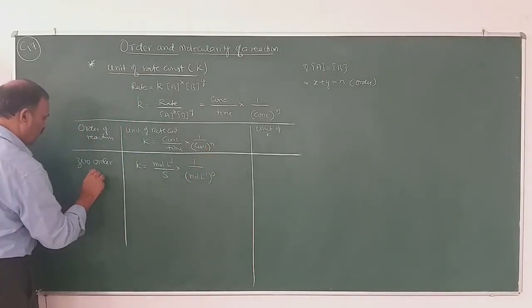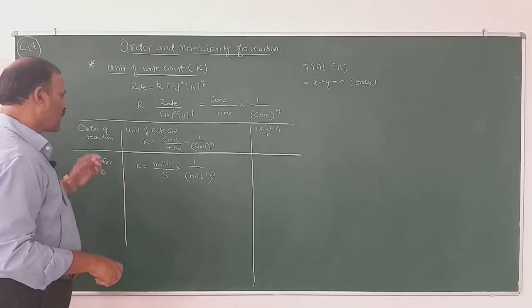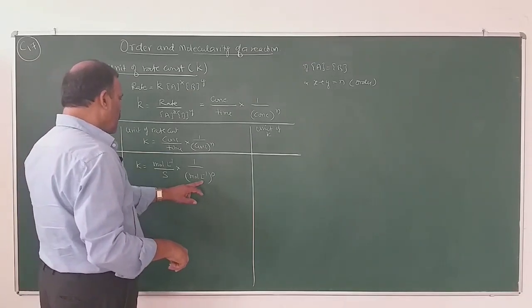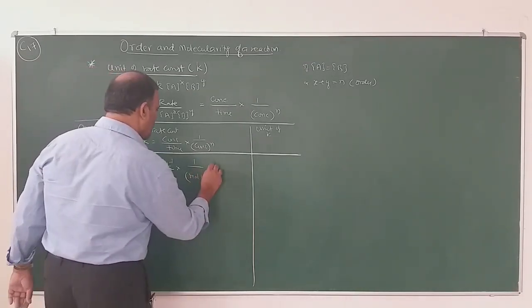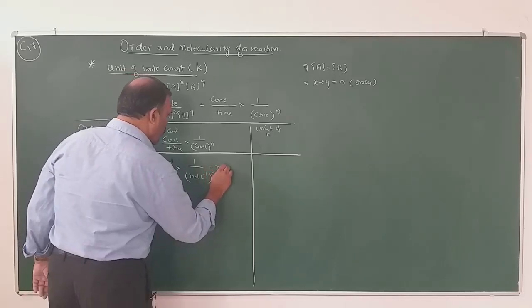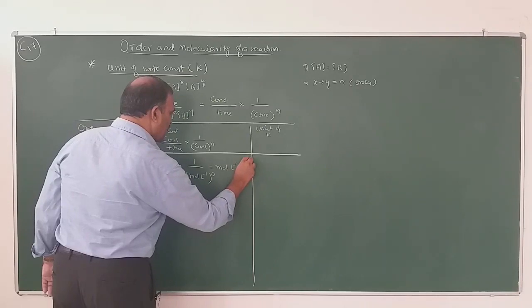Order of reaction n equals 0. So what happens? Mole liter minus 1 to the power of 0 is 1. So what is the remaining? This one is mole liter minus 1 second minus 1.